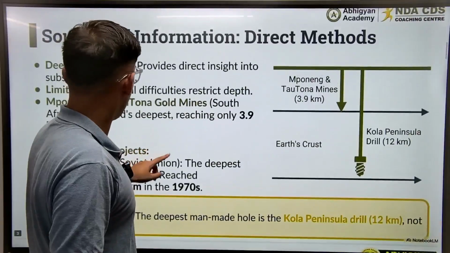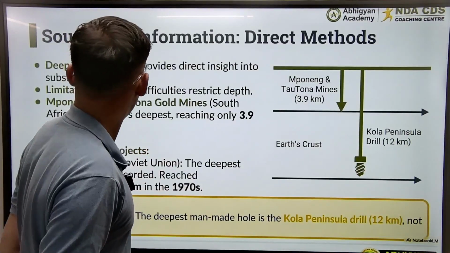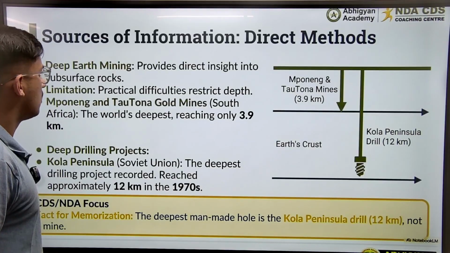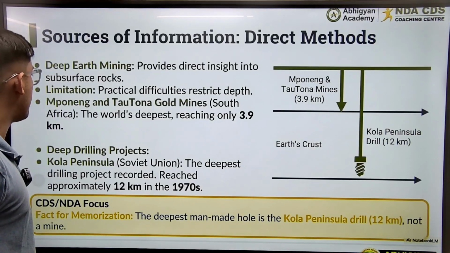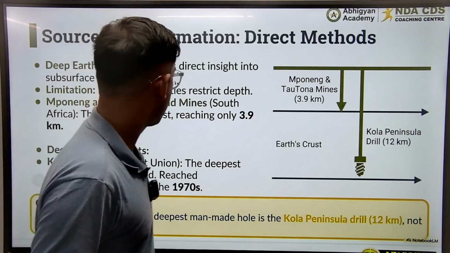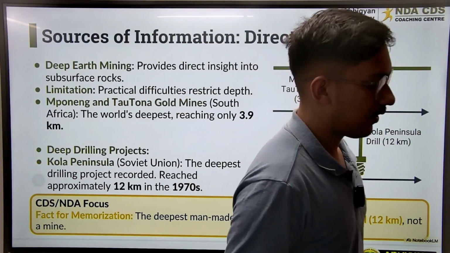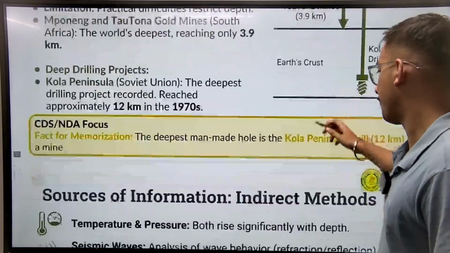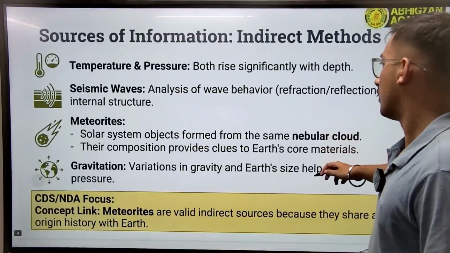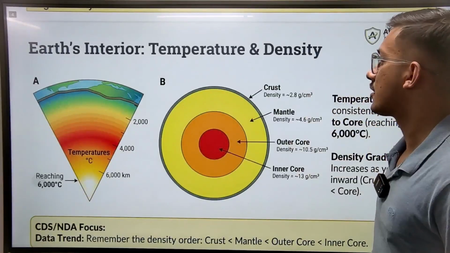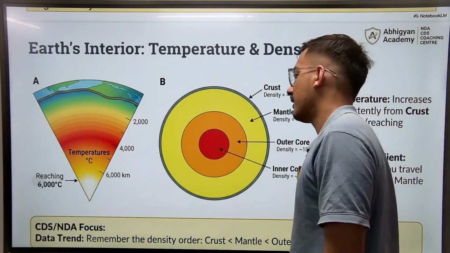Sources of information about the earth's interior: we have two methods, direct and indirect. In direct, we have methods such as drilling, and in indirect, we have earthquakes and so on. Now we come to Earth's interior, temperature and density.